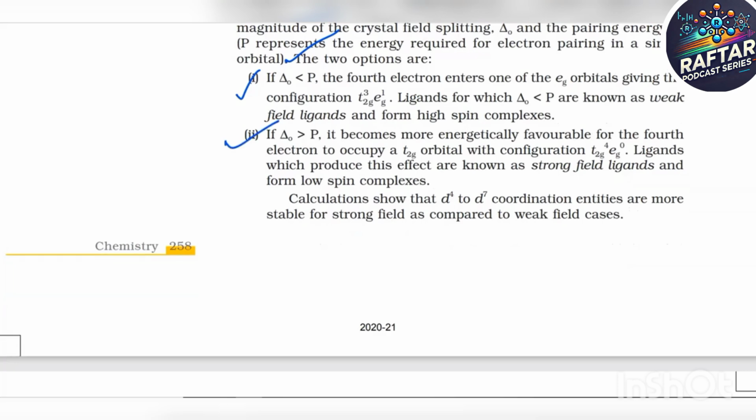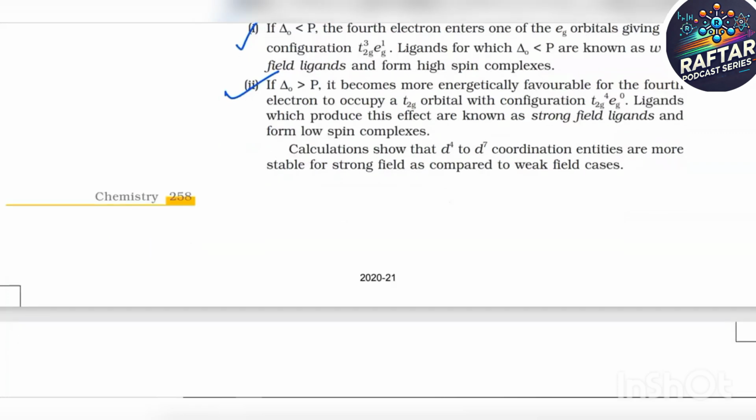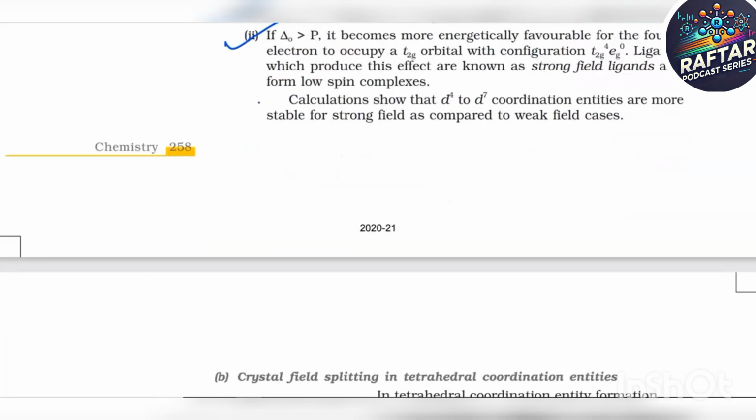If delta naught is greater than P, it becomes more energetically favorable for the fourth electron to occupy a t2g orbital with configuration t2g4 eg0. Ligands which produce this effect are known as strong field ligands and form low spin complexes. Calculations show that d4 to d7 coordination entities are more stable for strong field as compared to weak field cases.